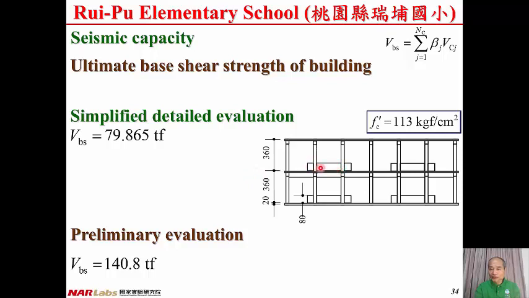If the lower part of the column is confined by window shield, the clear height of the column will be smaller. Therefore, the lateral strength will be higher. But in this case, we neglect all the window shields, so that the clear height of this column will be higher, and the lateral strength may be lower. That's the reason why the seismic capacity calculated from simplified detail evaluation is much lower than the preliminary evaluation.